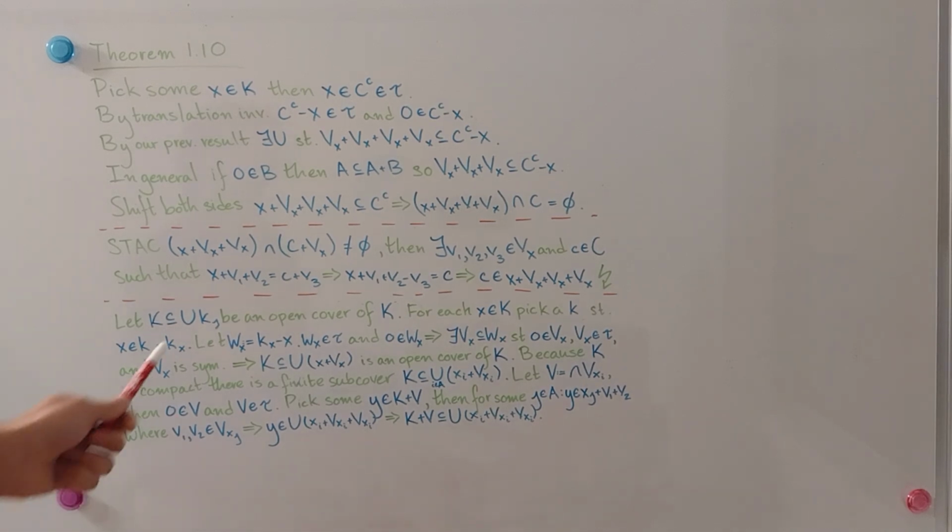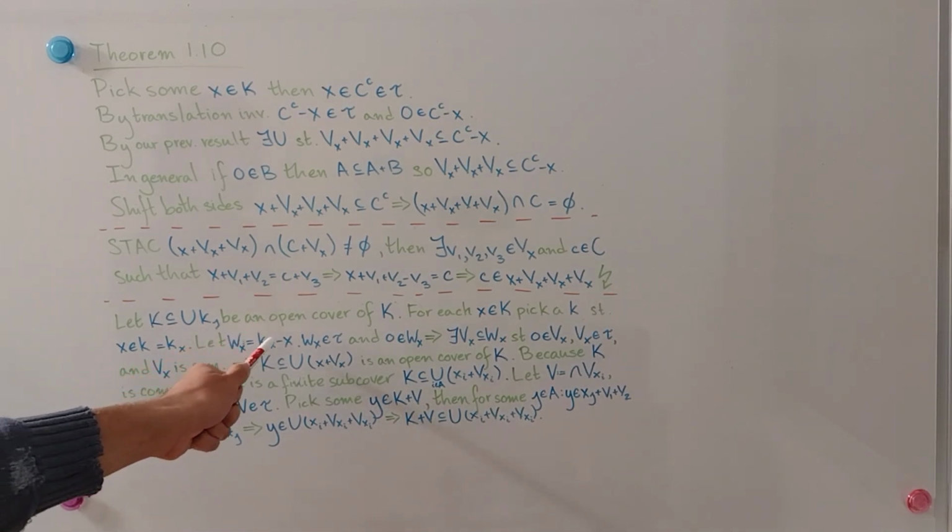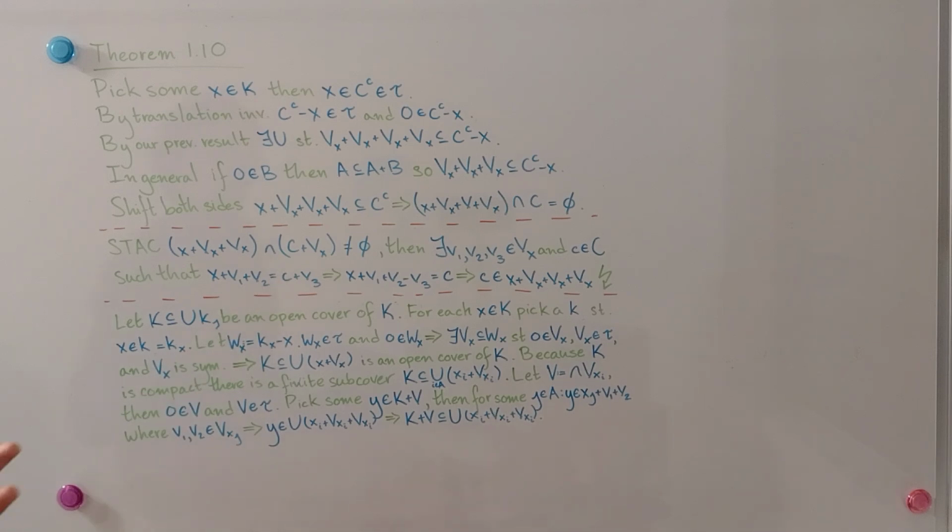Then we let W sub x be defined as k sub x minus x. Now, by definition, these k's are open, and we're just translating k, so W sub x is open, and it contains 0, so it's a neighborhood of 0.